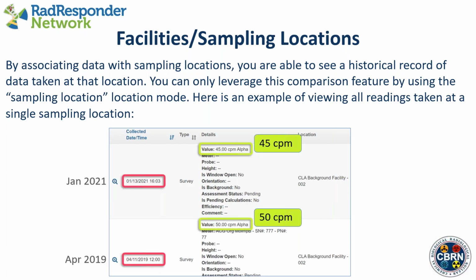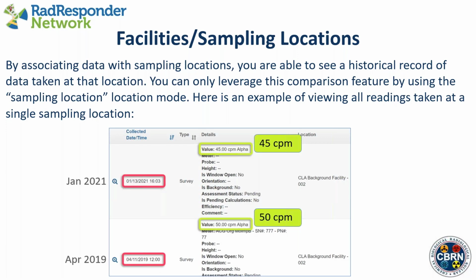So there's no other way in RadResponder for you to see a record of all the readings taken at a single location over time across a variety of events. So again, you can only leverage this comparison feature by using the sampling location mode when collecting your data.